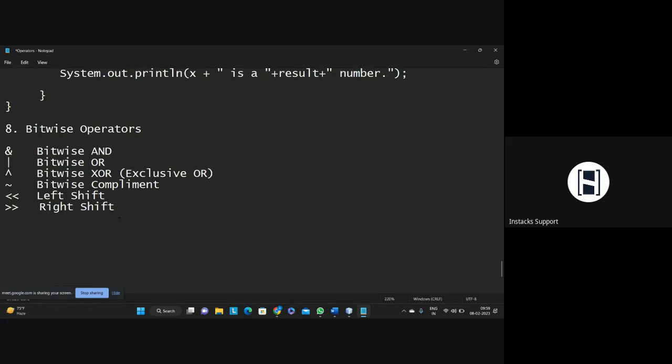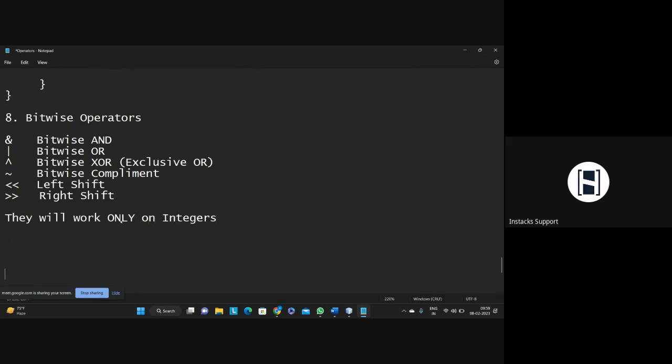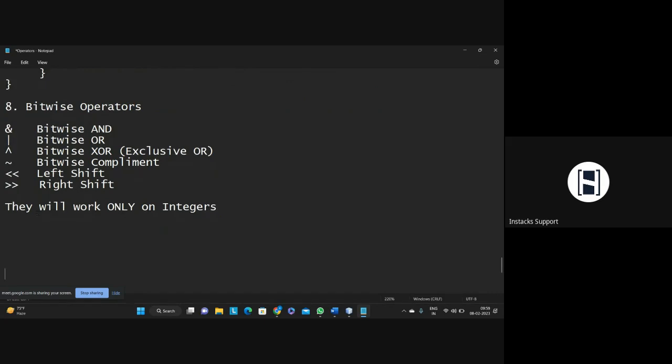What is the first thing you should know about the bitwise operators? They will work only on integers. So please remember, any bitwise operator for that matter is going to work only on integers.